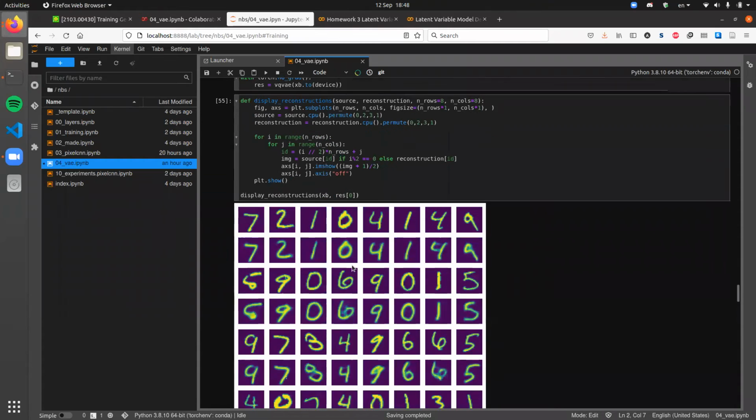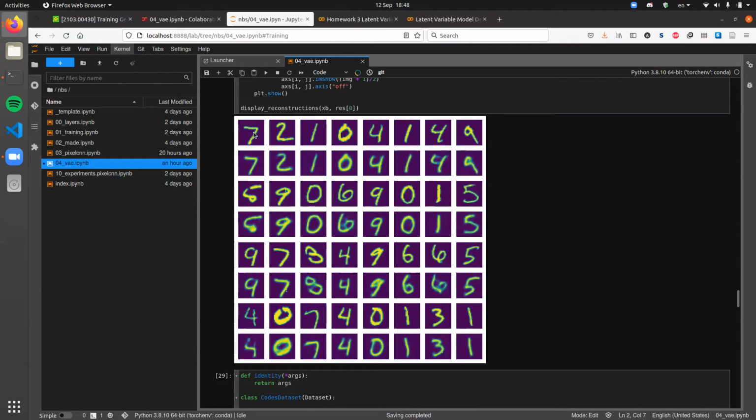And here the upper row is the source images, and the lower is reconstructions. You can see that the reconstructions are mostly really good. But you can see that this strange 3, I guess it was a 3, is reconstructed to something that is probably closer to an 8.